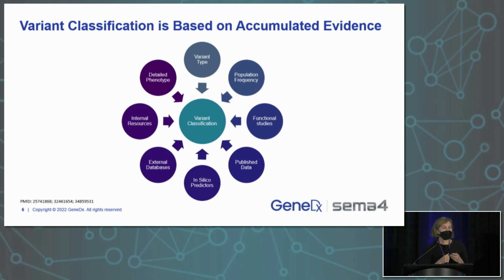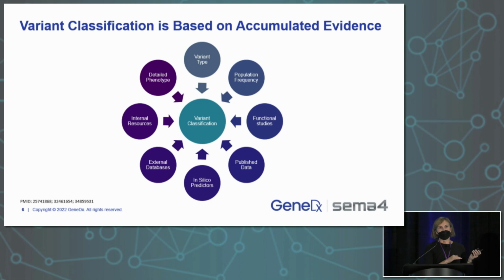We look at functional studies if they're available. We can't do these ourselves in the lab, but we rely on the researchers, and you'll probably hear more about some of the functional studies for CACNA1A here. So we evaluate publications for functional studies for variants. We look at any other published data.